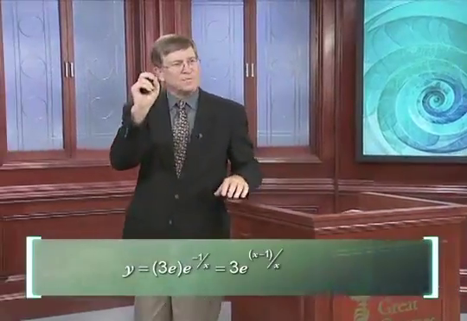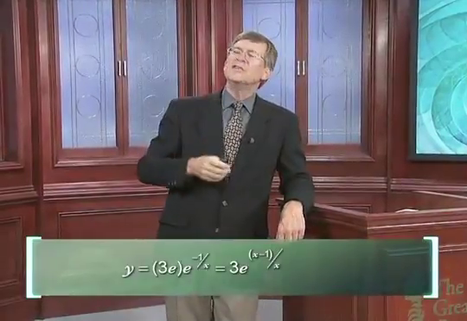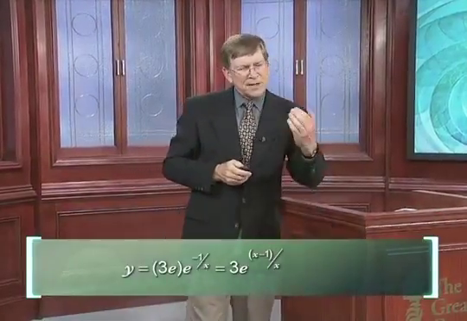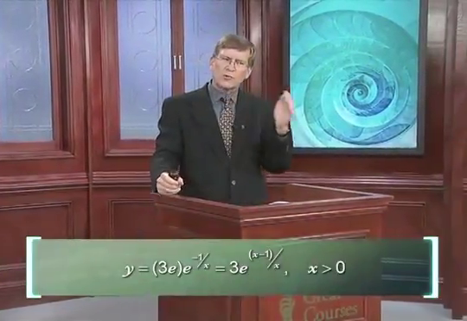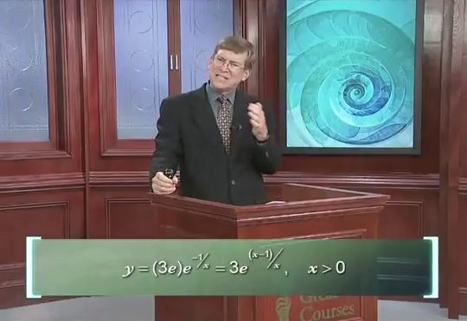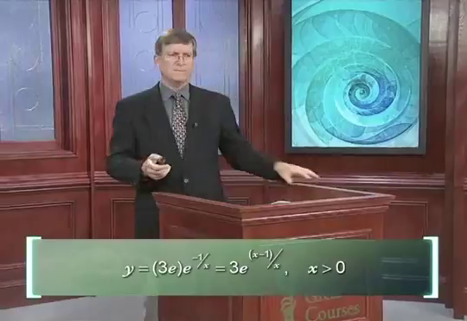So there's the final solution. Y equals 3e to the x minus 1 divided by x. And you probably have to say here that x is positive because you don't want to cross the bad point x equals 0. So we'll use x be positive here only.